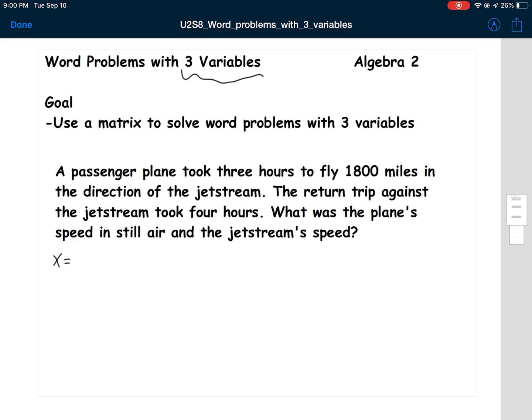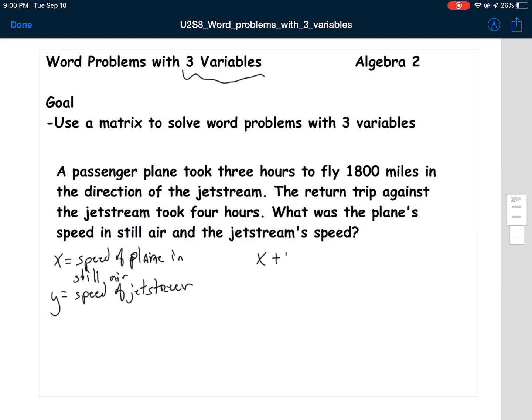So here we've got two unknowns. I'll go x is the speed of the plane in still air, and I'm gonna go y is the speed of my jet stream. Okay, so we talked about how x plus y, with the wind, is going to speed us up and get us going faster.